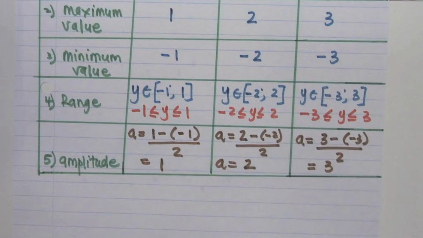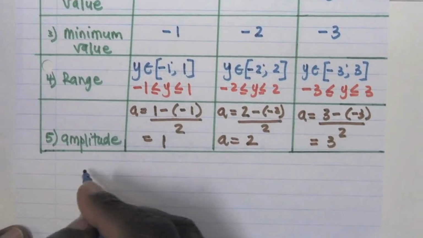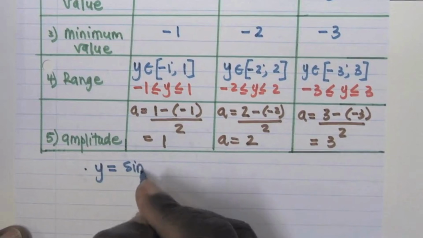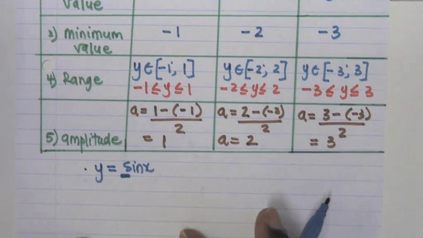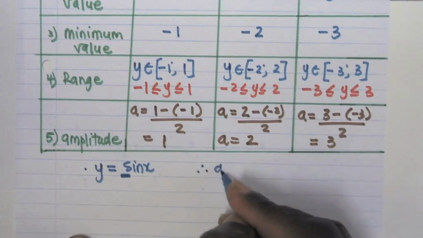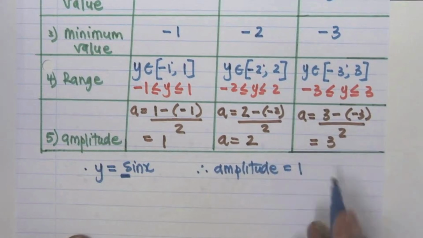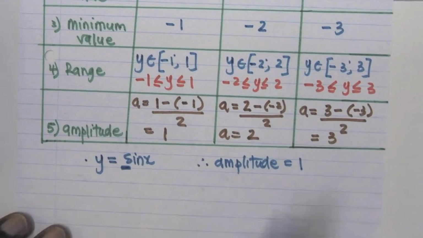If I look at my answers, I can make an observation or a deduction. The first equation was given as y is equal to sine x, and the coefficient of this trig function here is 1. So I can say, therefore, amplitude is equal to 1. But remember, the amplitude is always positive.